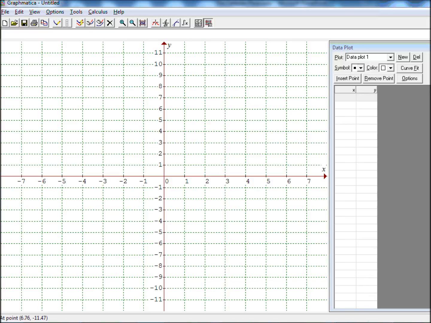Now not all graphs are straight lines, so I'm going to draw a few graphs that may have a different shape. This is called a parabola. You can see by the curves that both sides are symmetrical.